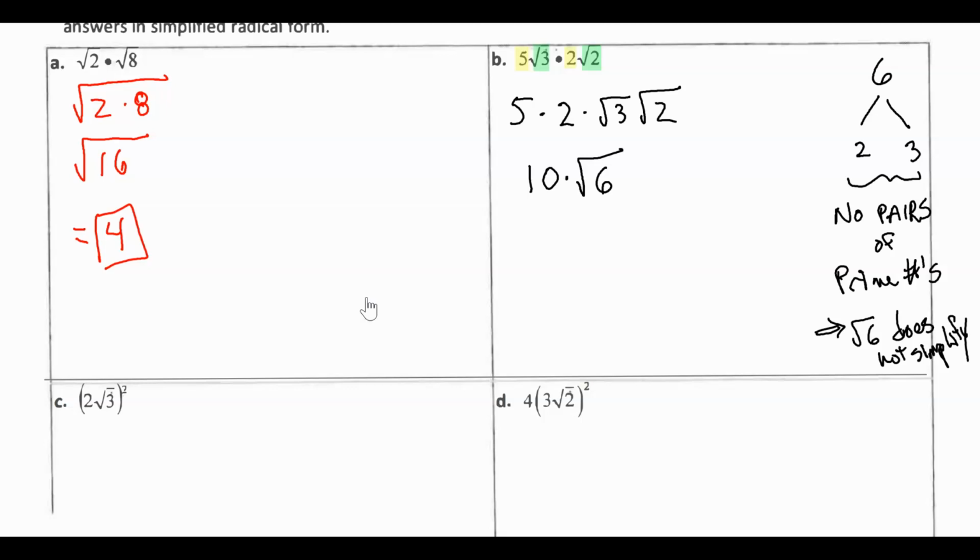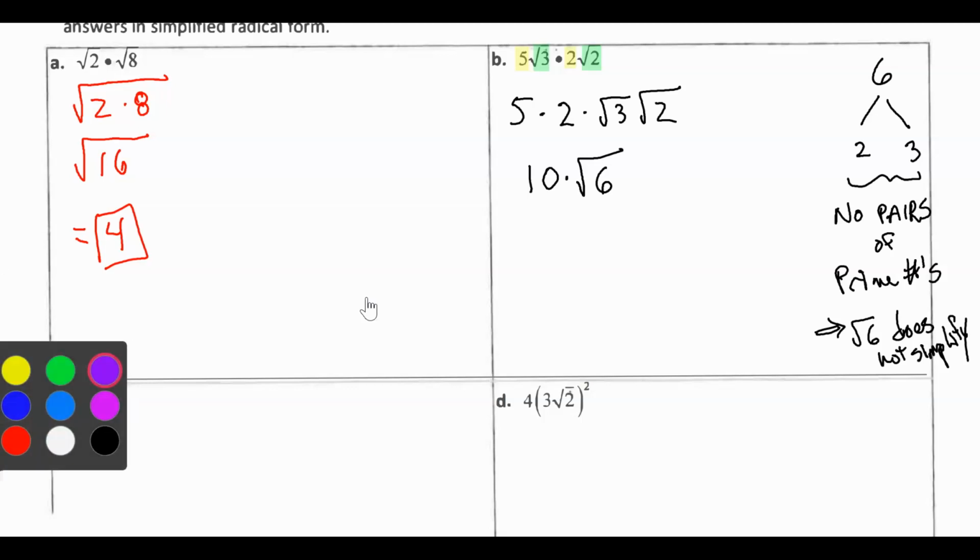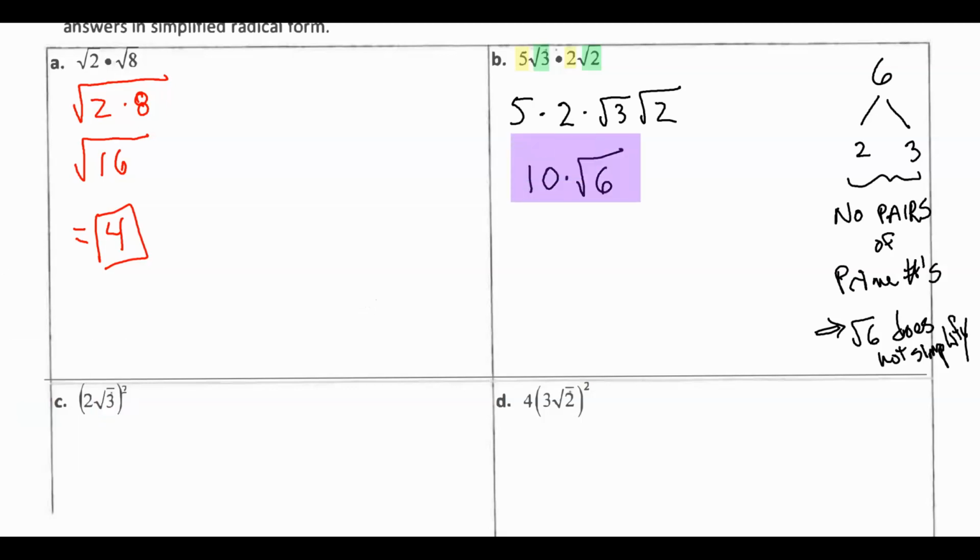So that means that 10 root 6 is going to be our final answer.